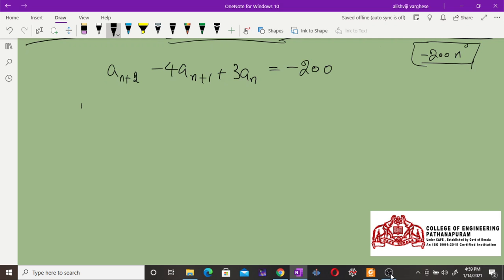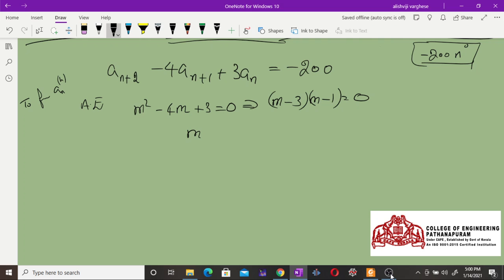Then the first step is to calculate the homogeneous part of the solution. To find an homogeneous, we write down the auxiliary equation as m square minus 4m plus 3 is equal to 0, which gives m minus 3 into m minus 1 is equal to 0.